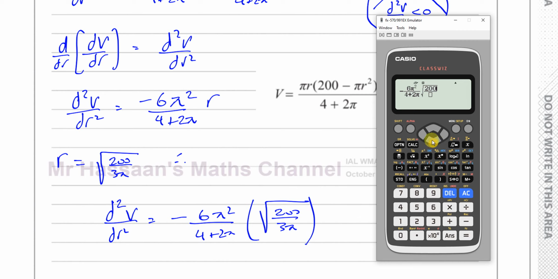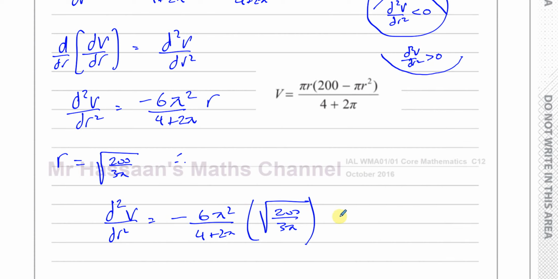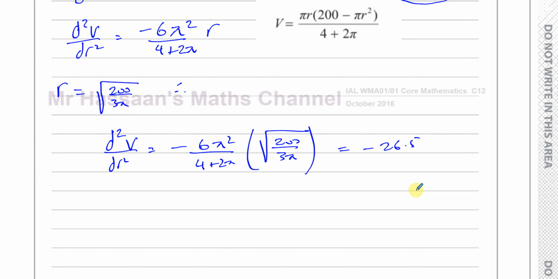I've actually saved this as a, so I could have just multiplied by a. But anyway, there we have our value for d squared V over dr squared, which you can see is negative 26.5.